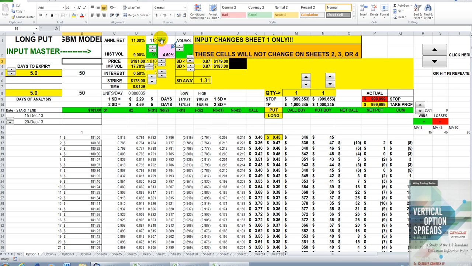So if you think the asset's going up at 20% annually, you would put a 20 right there. And if you think it's going down 10%, well, then we would shift it down using the spinner until finally it showed a negative 10%. And I think you get the idea.